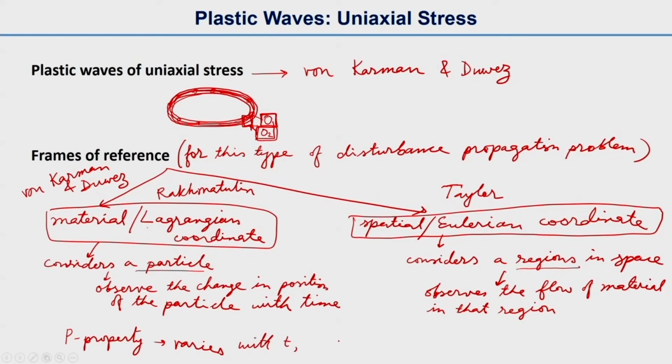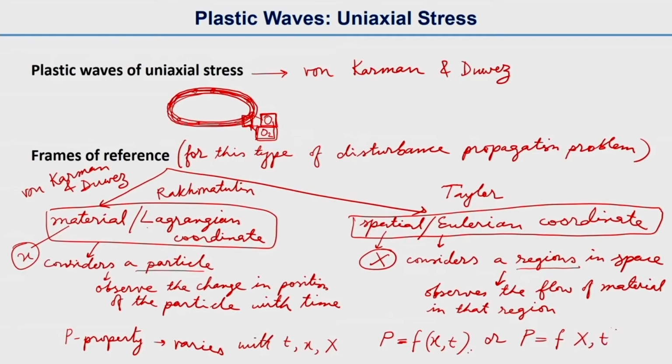These coordinates we will write as small x, and the material coordinate we will write as capital X. So it varies with small x and capital X. So P can be expressed either as a function of small x and t, or as a function of capital X and t. So those are the two frames of reference.